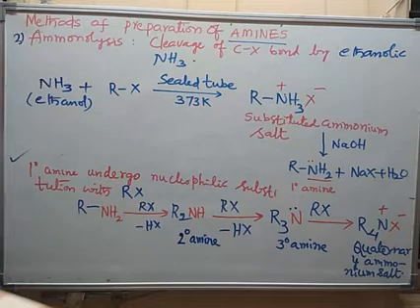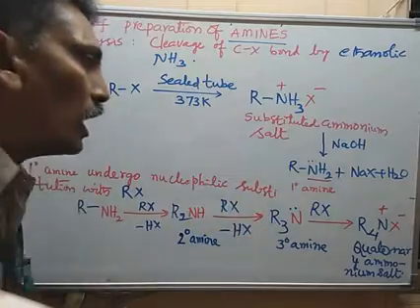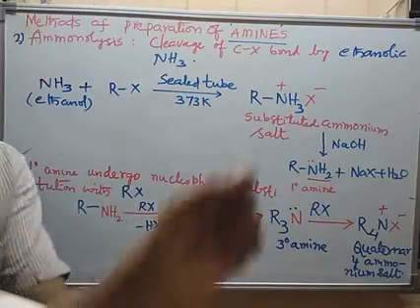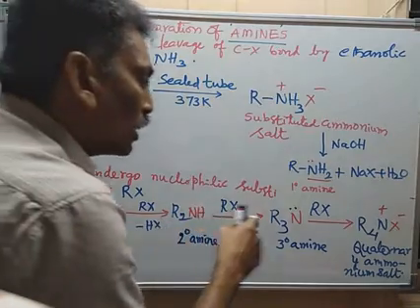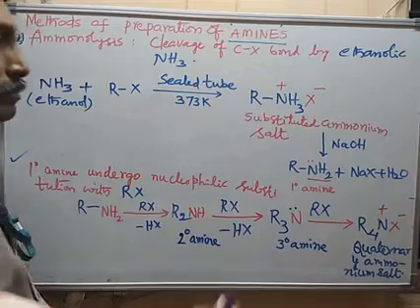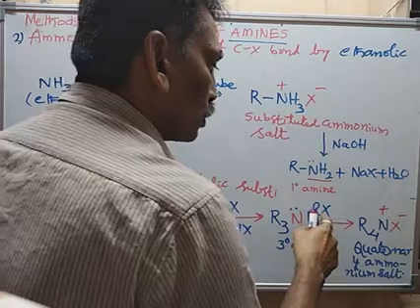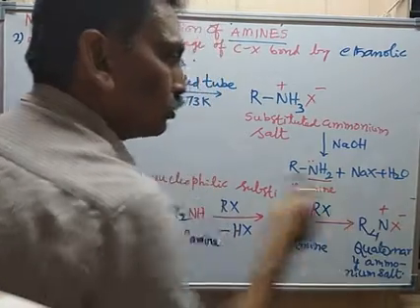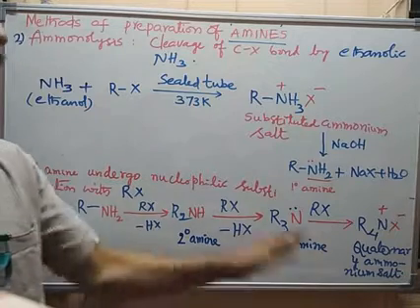Reversed question: an amine consumes 3 moles of alkyl halide to form a quaternary salt. What is the type of amine? Primary amine. Secondary amine consumes how many moles? 2. And an amine that consumes only 1 mole of alkyl halide to produce a quaternary salt is a tertiary amine.